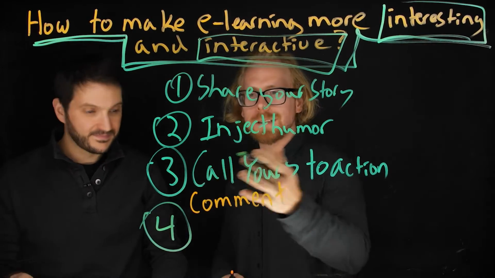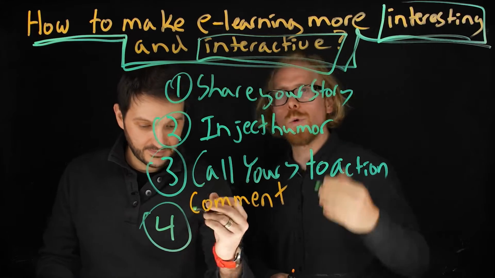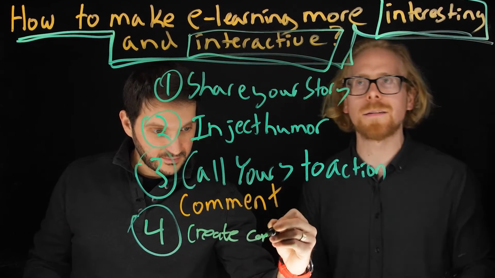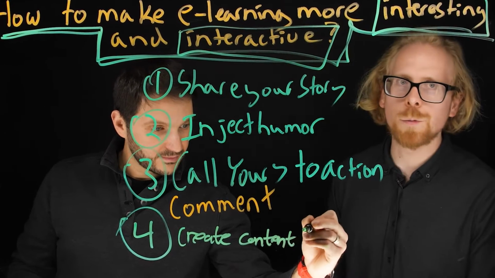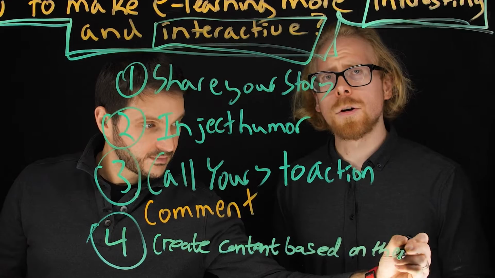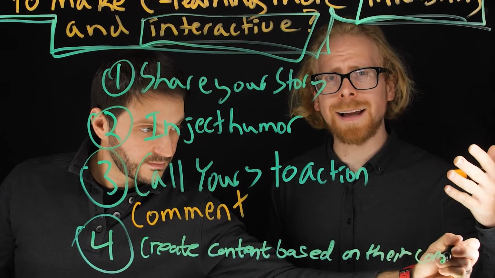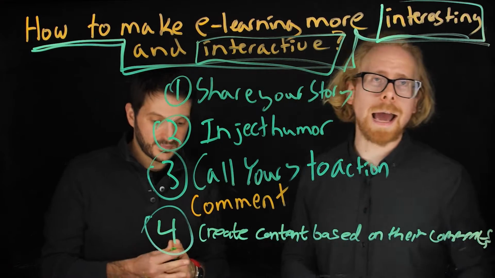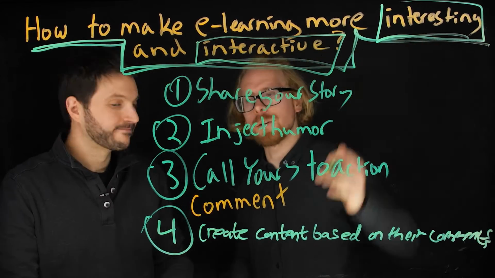This is a feedback mechanism. You want to create content based on their comments. You want to create content based on what your learners actually want. Well, if they're commenting on a module saying, hey, I learned this, but I didn't really get this, and this. That is a perfect thing for you to add to your program to make it interesting and interactive.